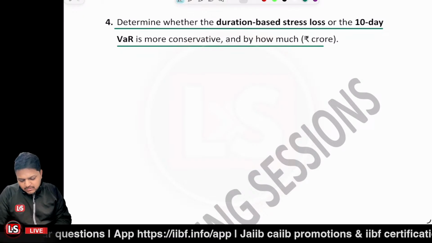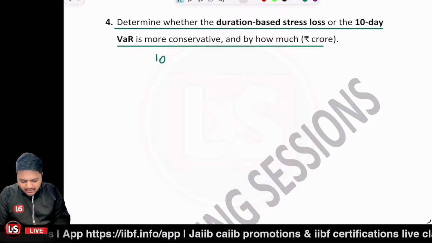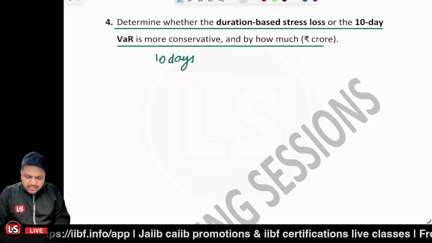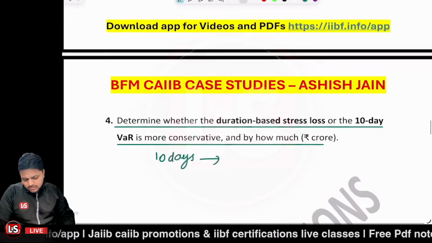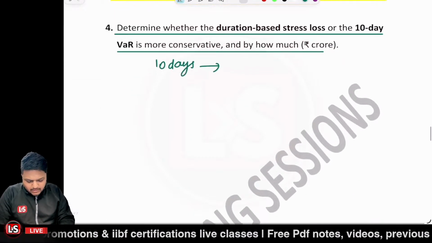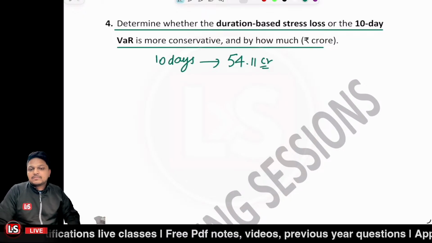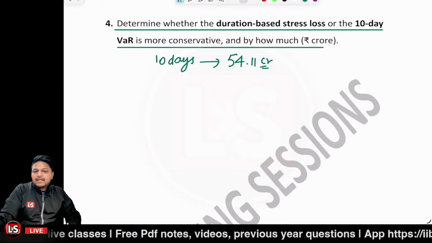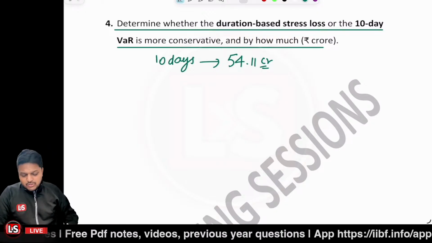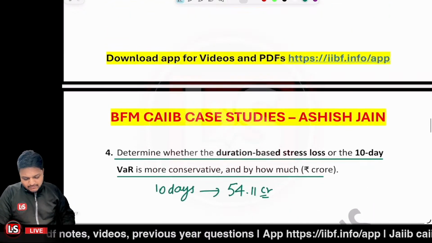If you remember, the 10-day VAR is around 55 crores or something. It was 54.11 CR, right? And what about the duration shock? Let's have a look at the question.